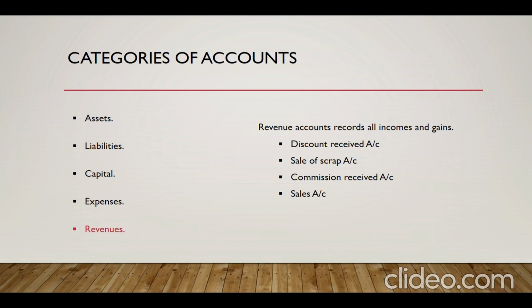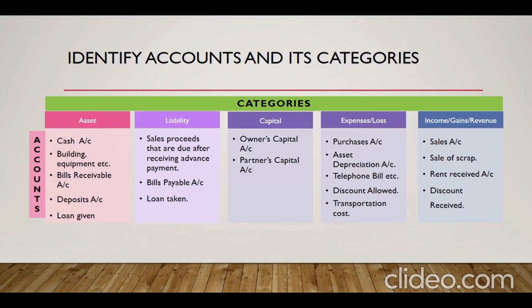Any capital that you invest falls under the capital category, and all expense accounts including purchase accounts fall under the category expenses, and all income accounts including sales accounts fall under revenues. And here is a snapshot of categories and the accounts that fall under the relevant category. I want you to pause the video and have a look at the screen.